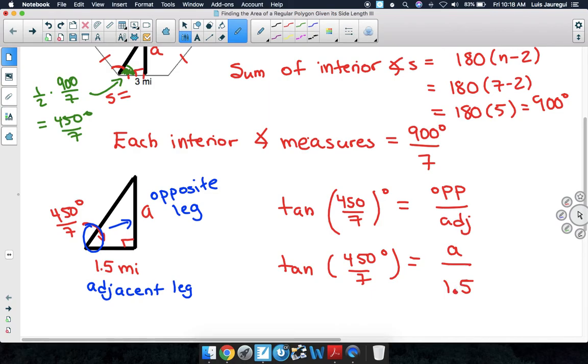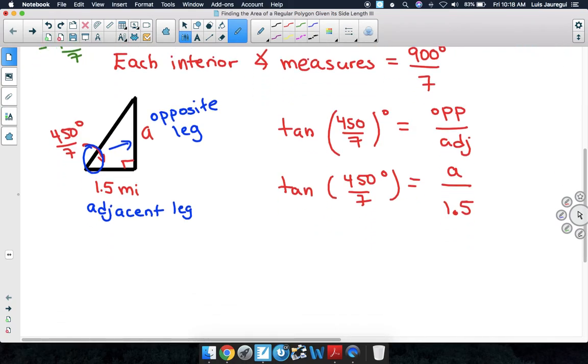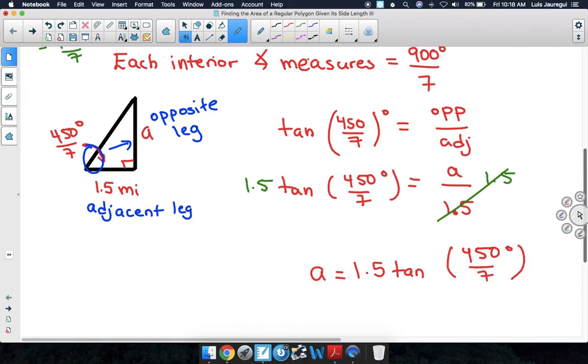Now my goal is to get the apothem by itself. So what I'm going to do here is multiply both sides of the equation by 1.5, so I can get the apothem by itself. Notice that 1.5 divided by 1.5 is 1, and 1 times A is simply A. So I'm going to get A is equal to 1.5 times the tangent of 450 over 7 degrees. Okay, now we have the apothem and we also have the perimeter.